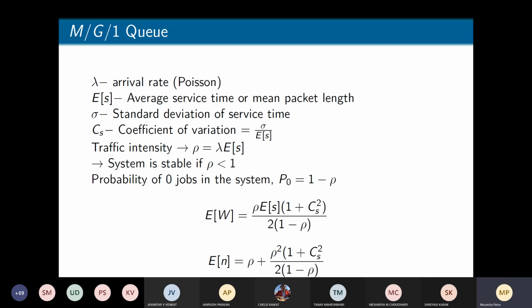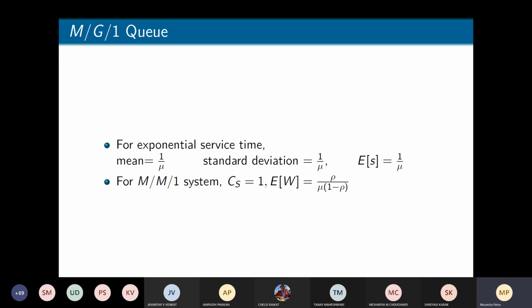Now from here we have to find out several values. Suppose you have exponential service time with mean 1 upon mu, and the standard deviation is also 1 upon mu. So E of S becomes 1 upon mu.